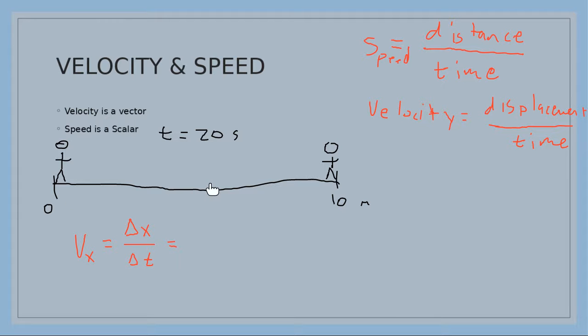His displacement for this first part, just looking at the part where it goes from 0 to 10, is just 10 meters, and the time is going to be 20. So his velocity is going to be 0.5 meters per second. Right? All right, cool, that's pretty straightforward. And notice if I were to ask you what his speed was, it would be the same thing in this case.